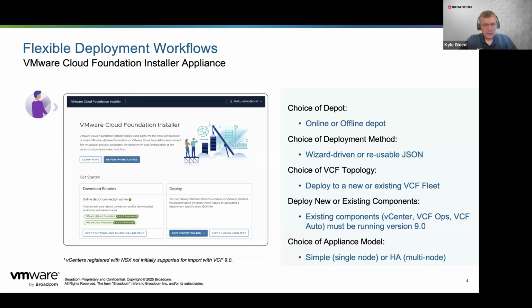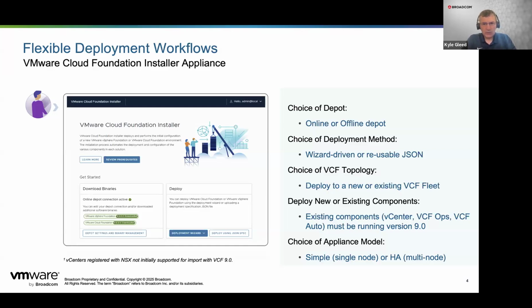Because the operations and automation can be shared across many VCF environments, those are what we refer to as fleet level components. So we envision your private cloud as being comprised of a fleet with a centralized instance of operations and automation. And then underneath that fleet, you have your VCF instances that are registered with those fleet level components. So I can have one or more VCF instances registered with ops and automation.